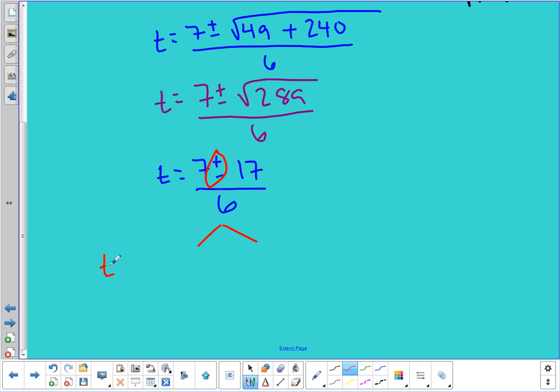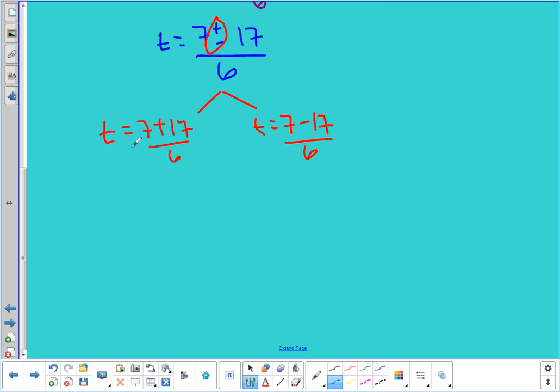So I have one equation that looks like t is equal to 7 plus 17 over 6, and another equation that looks like t is equal to 7 minus 17 over 6. So now I need to solve both of those. 7 plus 17 is 24, and 24 divided by 6 is 4. So there's one answer. 7 minus 17 is -10.